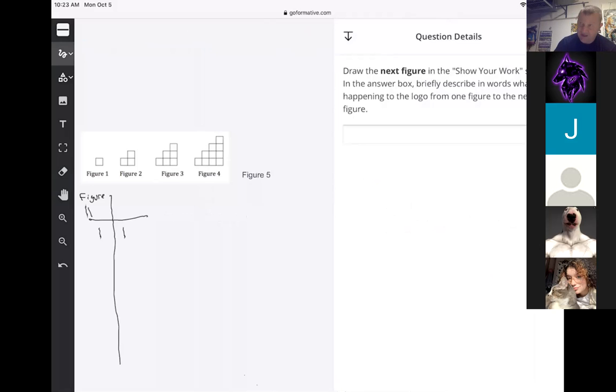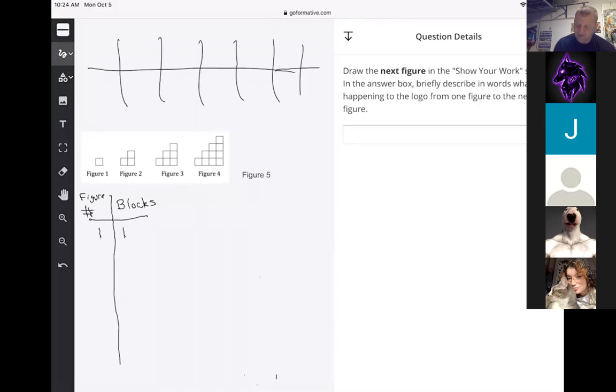So those of you with paper, or not, if you could write this part down, because this is really what it's getting at. Although I was very impressed by some of those visual examples. You have your figure number and then your blocks. Some people do the tables like this.